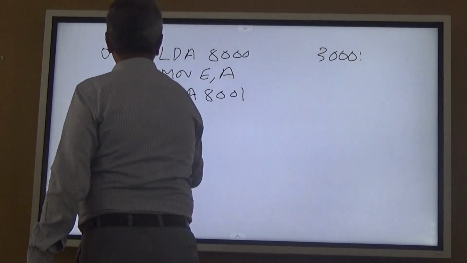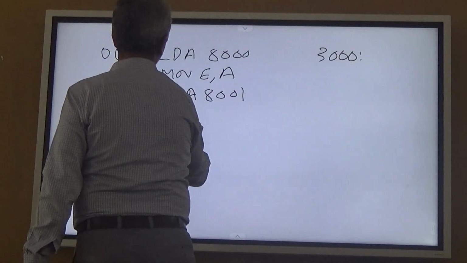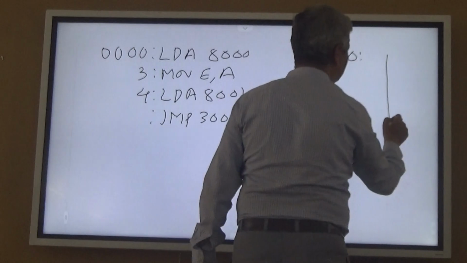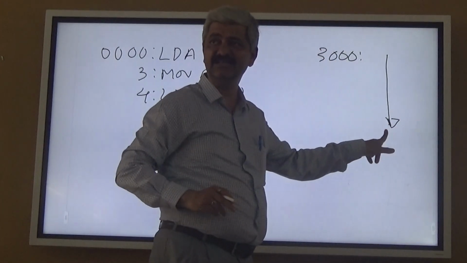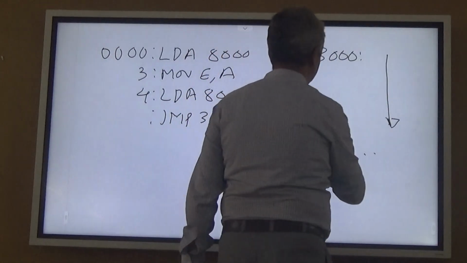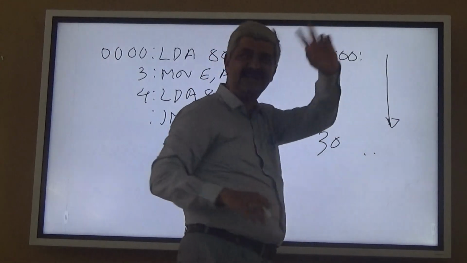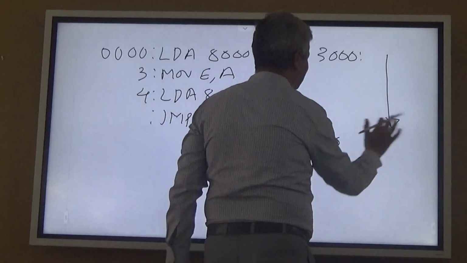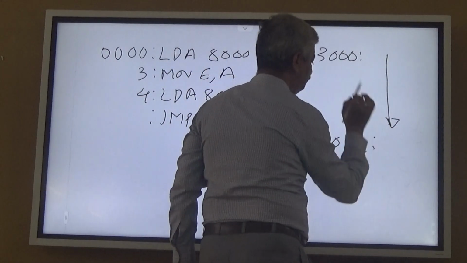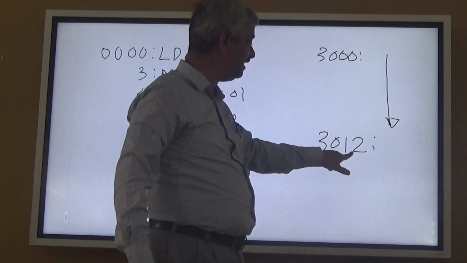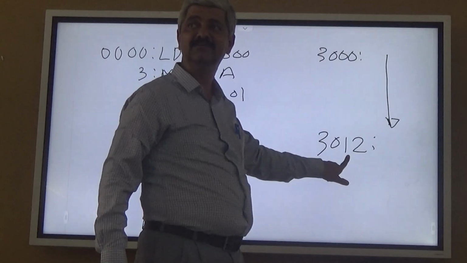Then I will jump to 3000. Here is my code. So that code, let us add that 8-bit shift and add method you did, gets over at 3011.